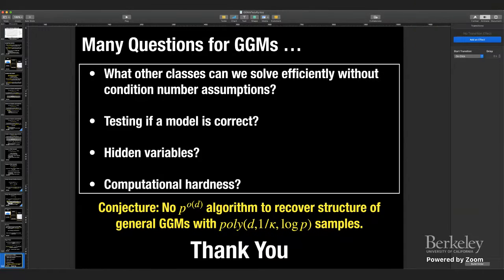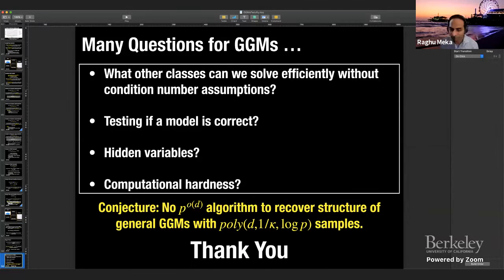Thank you. But I'm confused about your conjecture a little bit, because we don't even know if it's hard with an improved dependence on 1 over kappa, right? Yes, so this is a stronger conjecture than we don't even know if we can do it with d log p over kappa squared samples. I definitely agree. This is the most general and strongest conjecture you can make.